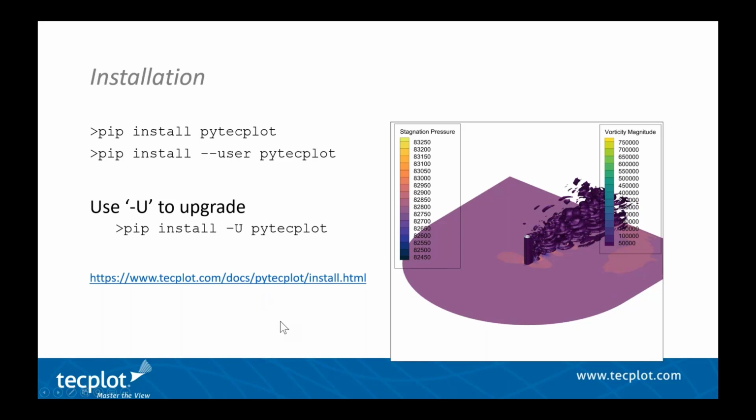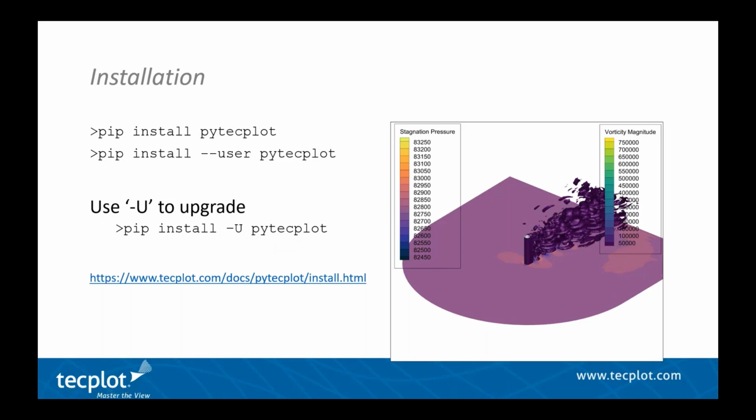And so installation is pretty easy. It's a simple pip install PyTecplot. So if you're familiar with installing any other Python modules, it's just the same. If you don't have administrator access, you may have to use the --user flag. And if you've already installed PyTecplot but want to upgrade it, it's just pip install -U PyTecplot, and that will get you the most recent.